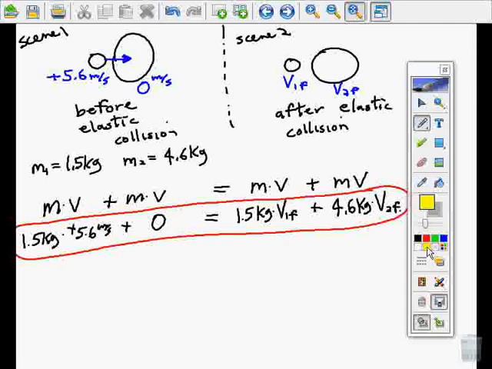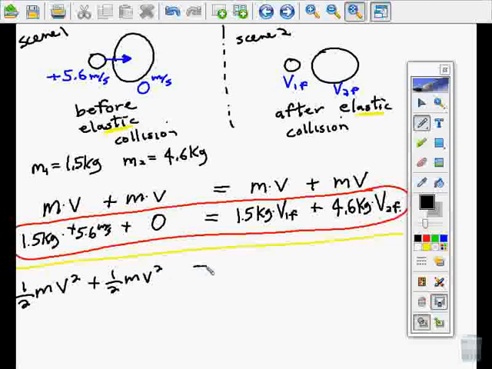But since it's an elastic collision, we could also apply conservation of kinetic energy. Yes? So basically, we know that 1/2 times the first mass times its velocity squared plus 1/2 times the second mass times its velocity squared is equal to 1/2 mass times velocity squared of the first guy after the collision plus 1/2 times mass times velocity squared of the second guy after the collision.